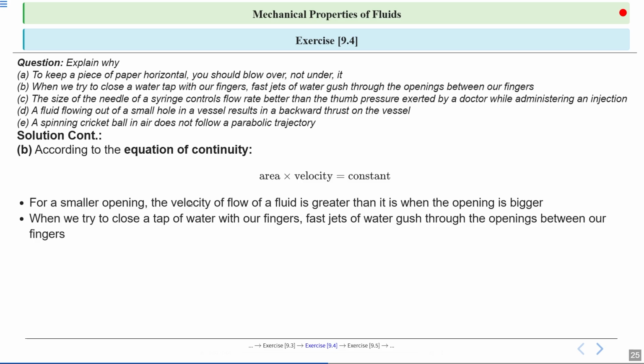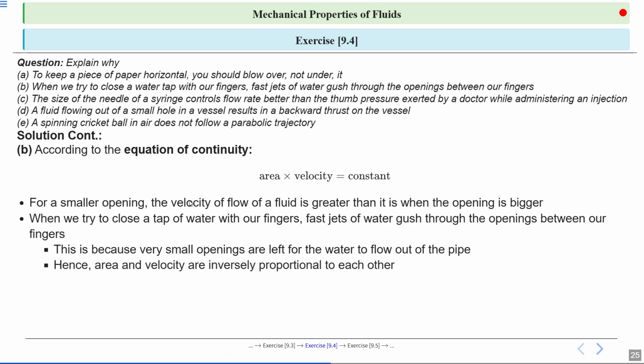This small opening forces the water to move faster as it exits, creating those fast jets. This is because very small openings are left for the water to flow out of the pipe. Hence, area and velocity are inversely proportional to each other.